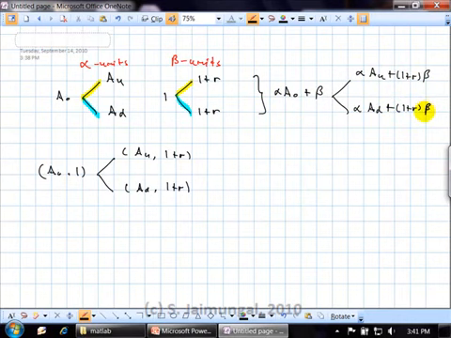Because once I hold alpha units, when I get to maturity, either I'm going to get alpha AU or I'll get alpha AD. And if I put beta in the money market account or the bank account, once I get to maturity, I'll get beta times 1 plus R. So I just add them together, and this is what I have. Right? Those are the two assets. That's my portfolio choice. Now, if this is to be an arbitrage, what must I do first?